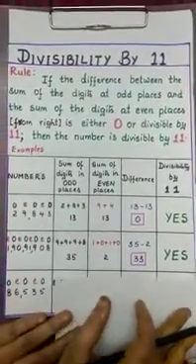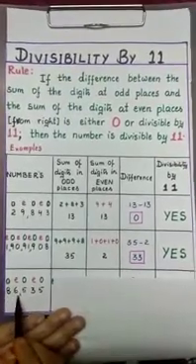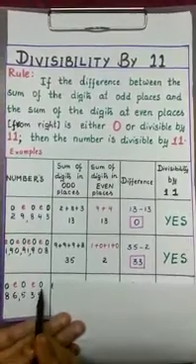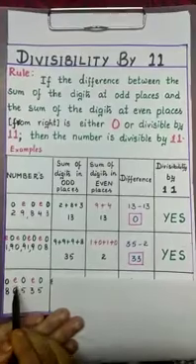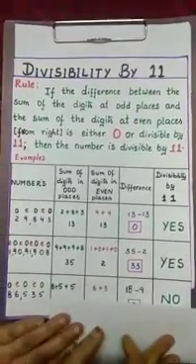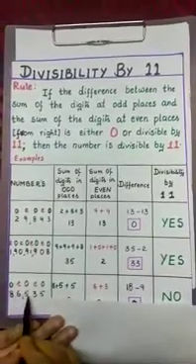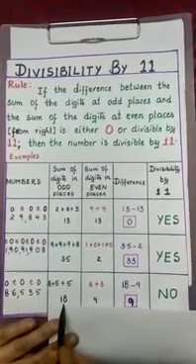Now you see the last example: 86,535. First you mark the places. First place odd, second place even, third place odd, fourth place even, fifth place odd. Next you find the sum of digits in odd places: 8 plus 5 plus 5. 8 plus 5 is 13, 13 plus 5 is 18.